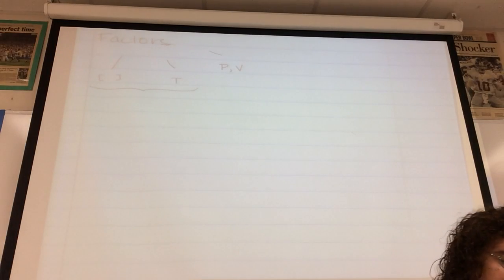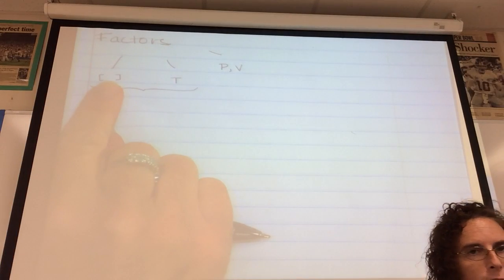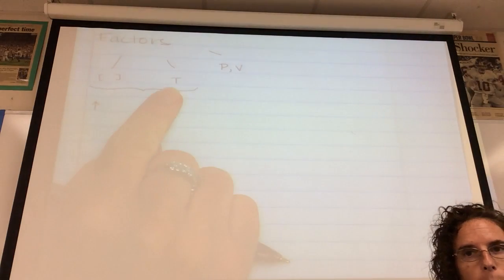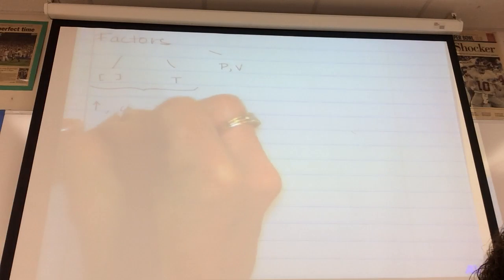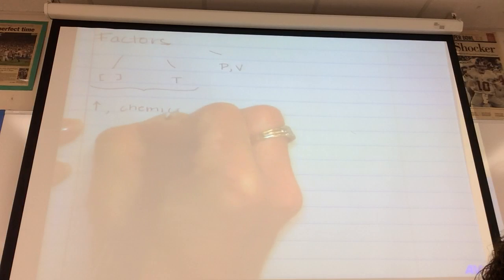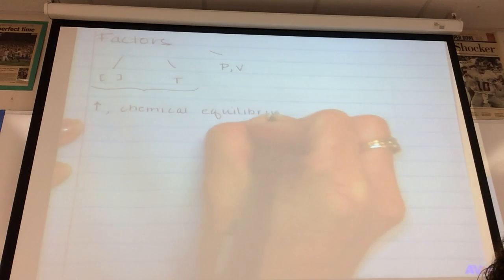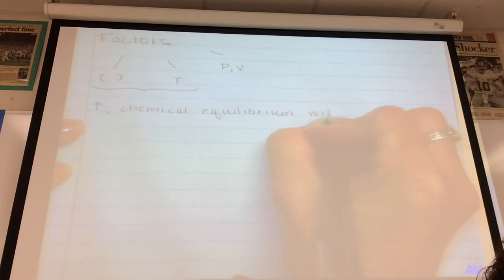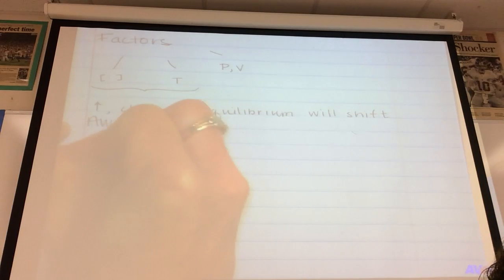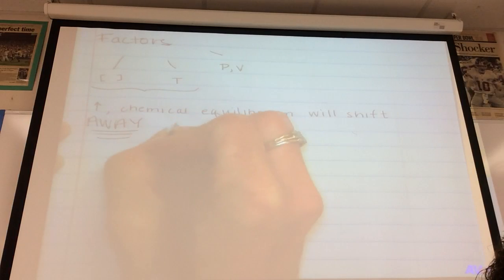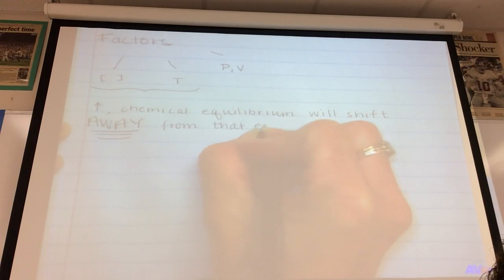What you're going to see is that if you increase the concentration of a substance or the temperature of the system, what you will see is that chemical equilibrium will shift away from that entity.